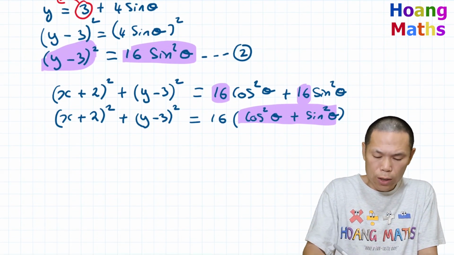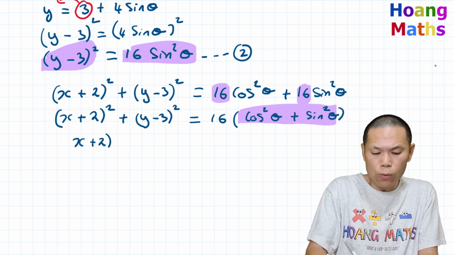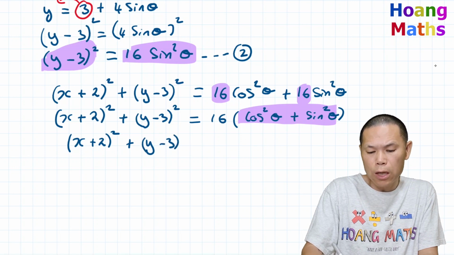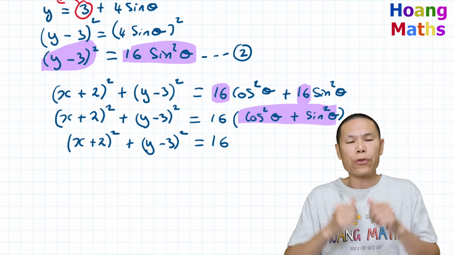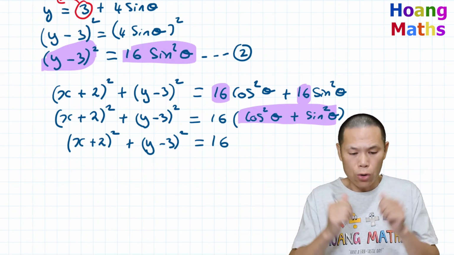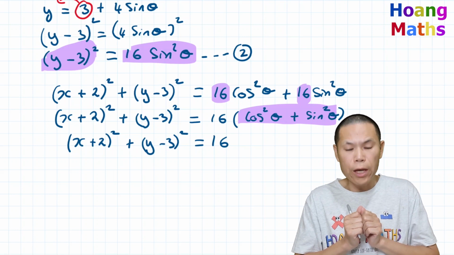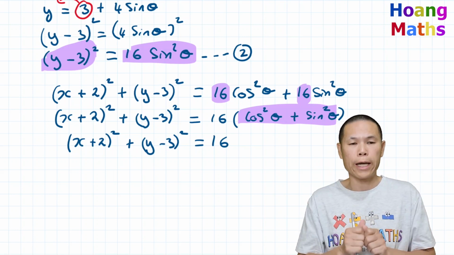Therefore, the Cartesian equation is x plus 2 all squared plus y minus 3 all squared is equal to 16. So there you go. This is a Cartesian equation, and it is a circle with the center at (-2, 3) and the radius of 4. Keep that in mind.